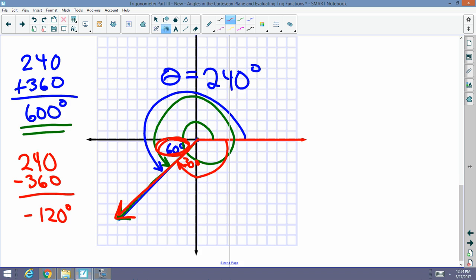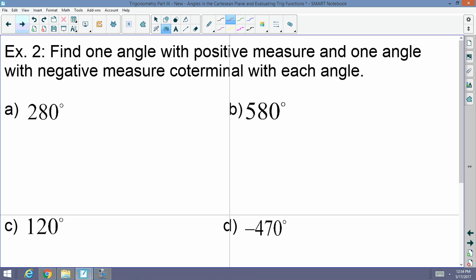Okay? Now, find one angle with a positive measure and one angle with a negative measure, coterminal with each of the angles. Yes, sir? Okay, because you added. Very good. So we have here, I added 360.